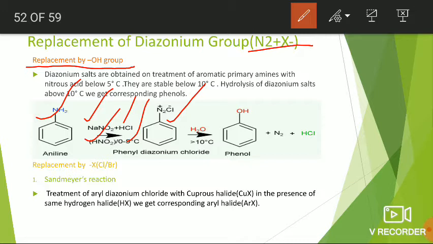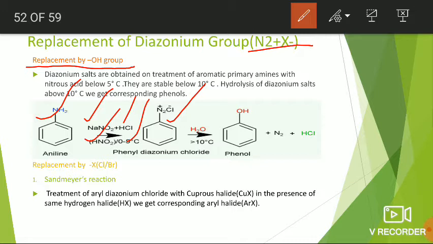Generally the products obtained in the diazotization reaction are stable below 10 degrees centigrade only. Above 10 degrees centigrade they are very unstable and undergo breakage to form different products.